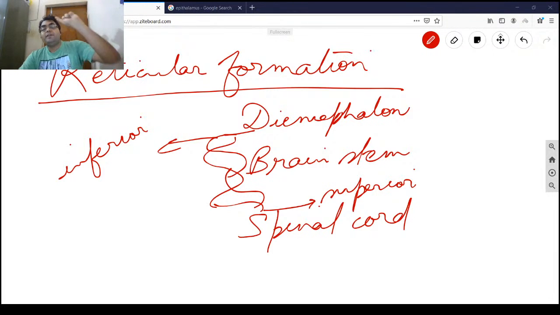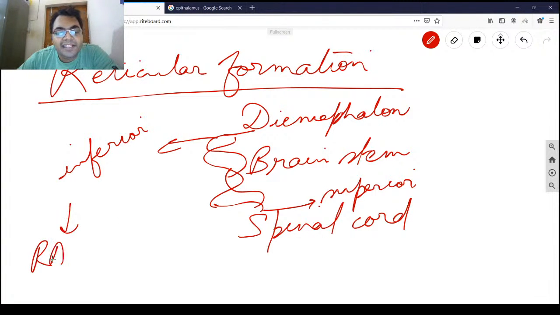So in order for sleep to happen, what do you need? You need to inactivate the reticular activating system so that you go into sleep. And you might have also heard of coma. Coma means no consciousness, so no consciousness means the reticular activating system must be completely inactivated.